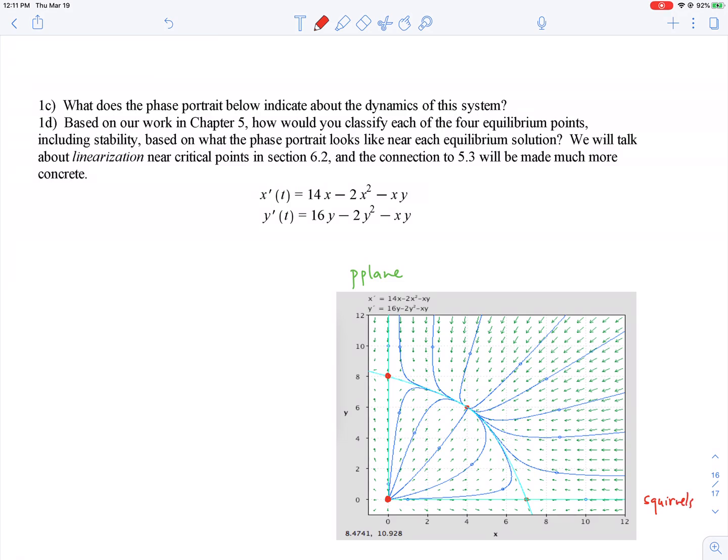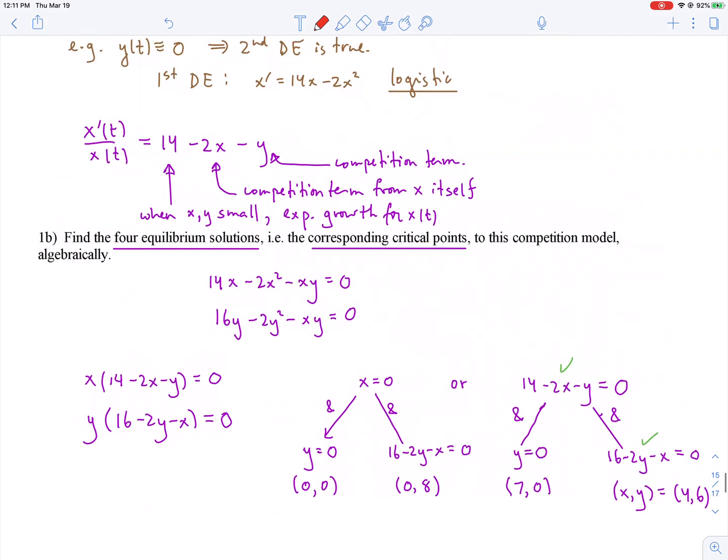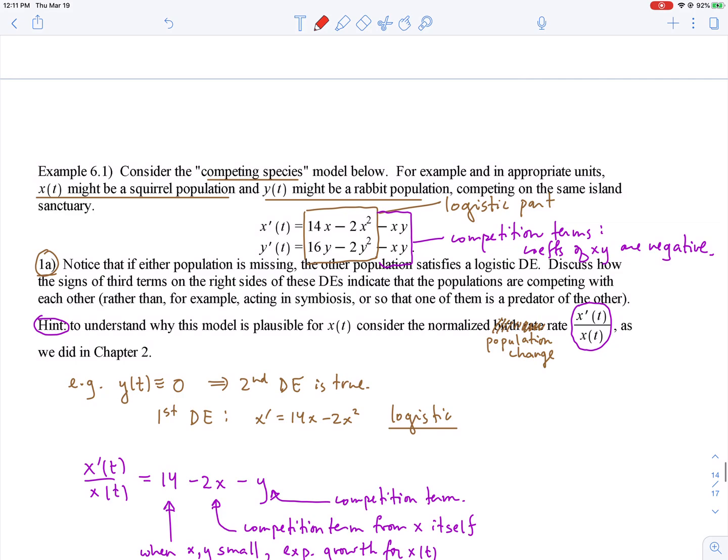These are the rabbits. Double check. Yep, okay.